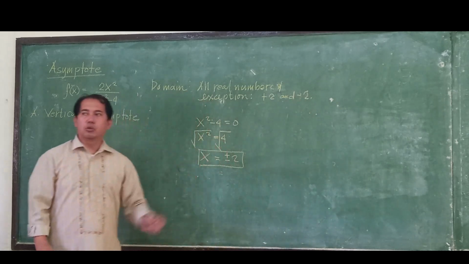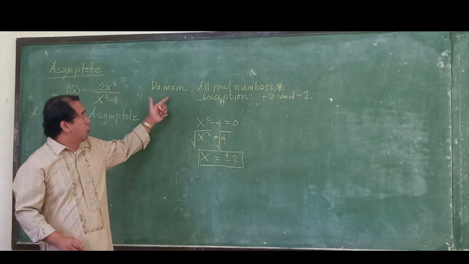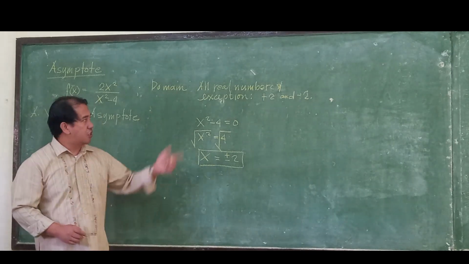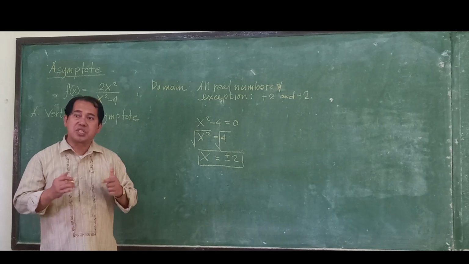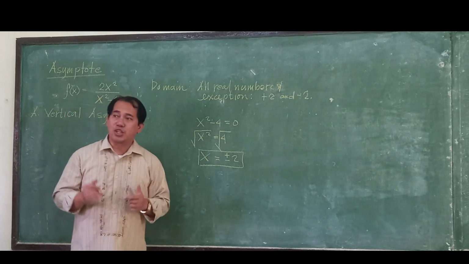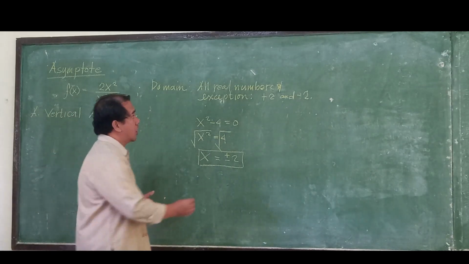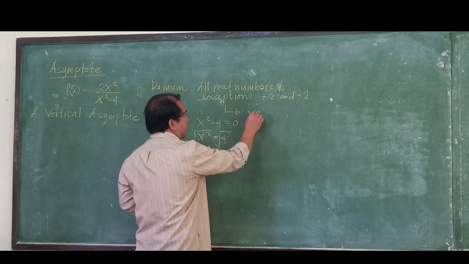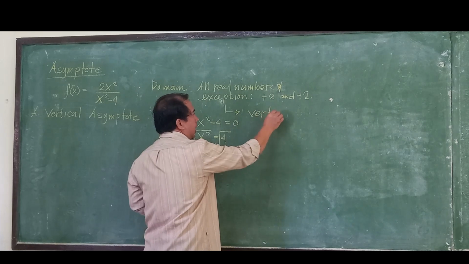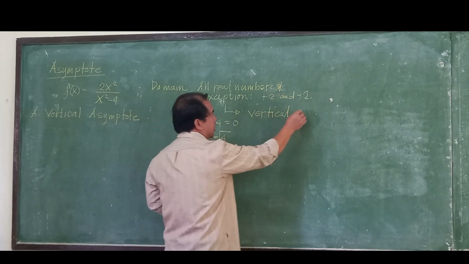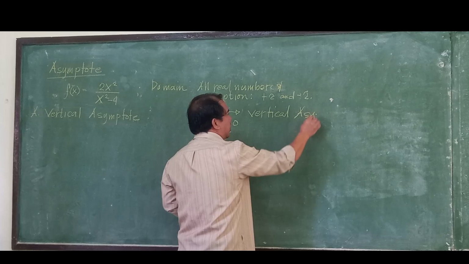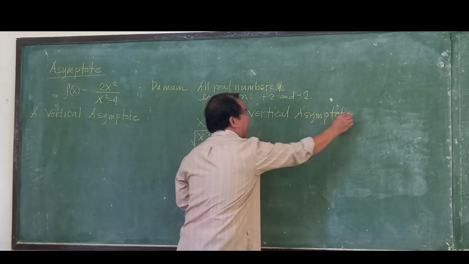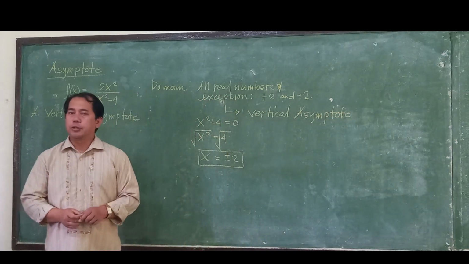If you already have the domain, you can now consider this exception. We said last time that the exception in the domain of the rational function will always represent the vertical asymptote of the rational function. Do you follow?